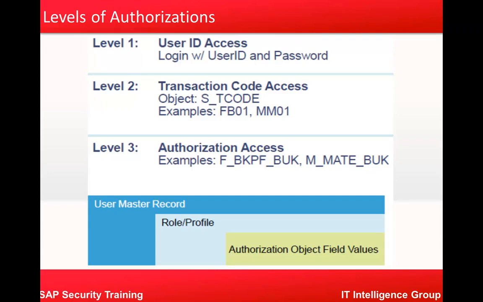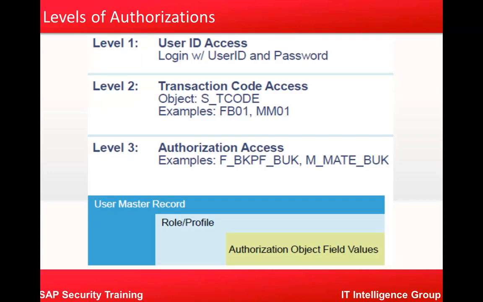These are the three key terms used explicitly in security, especially when we are creating an object, assigning the object, putting the objects in a role, putting the objects in a transaction, and assigning roles to a user's profile. So these are the key terms used in the context of SAP authorization.